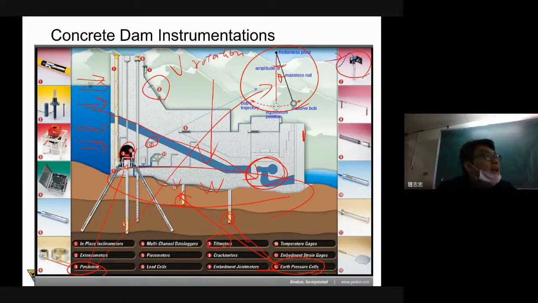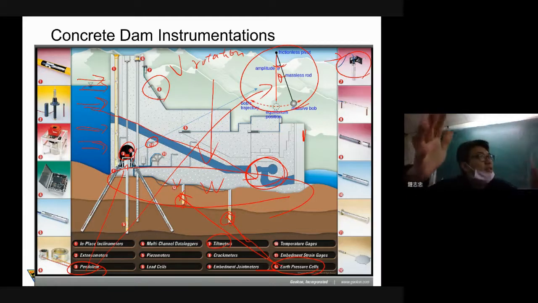Okay, and in Taiwan, I think we have several concrete dams made by the Taipower company. They use this kind of reservoir for hydropower generation. If you have time, you can visit this Taipower reservoir with the concrete dam.